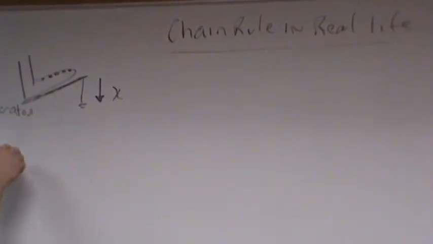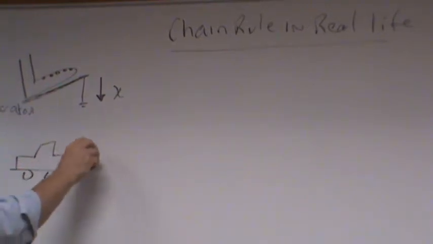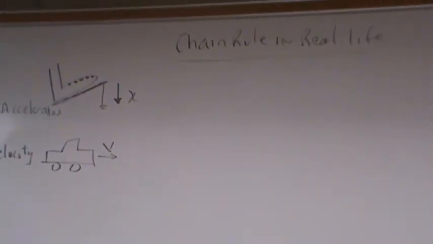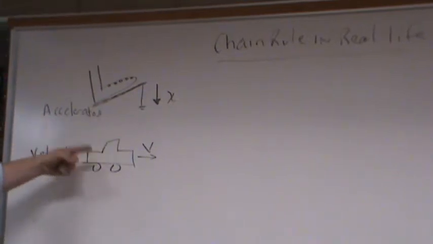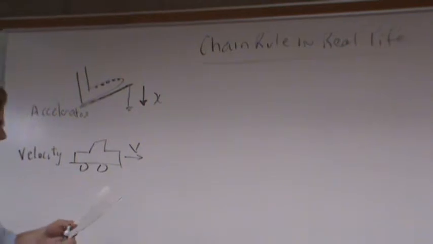When you step on the accelerator, it makes your car go. So you've got the velocity of the car. The more you step on the accelerator, the faster your car goes. There's a relationship between these two quantities. Well, let's go ahead and define them.